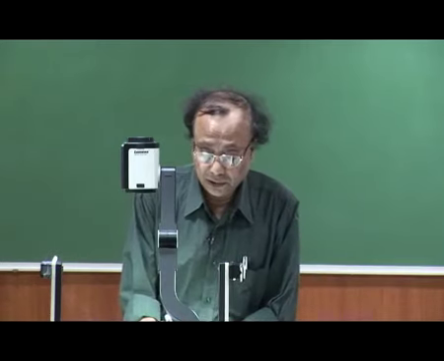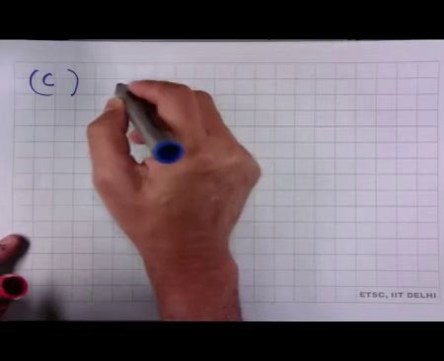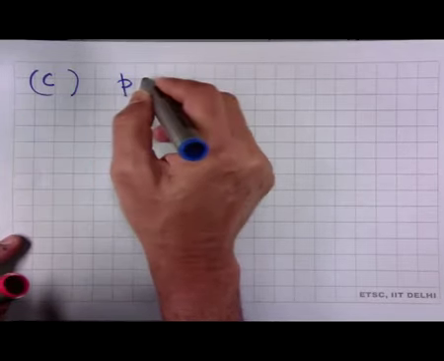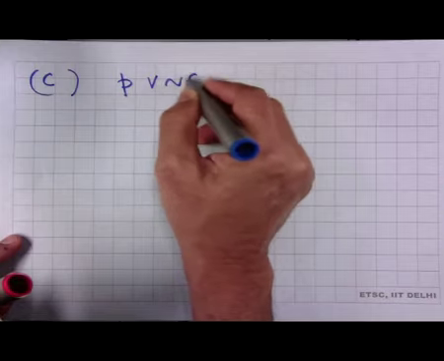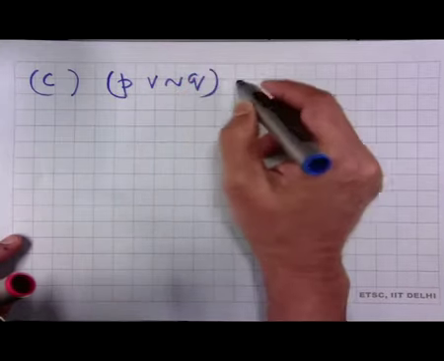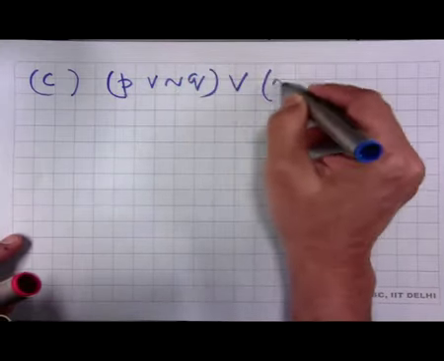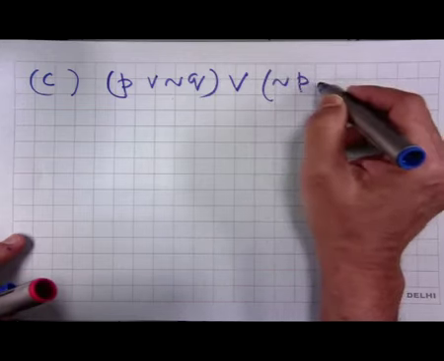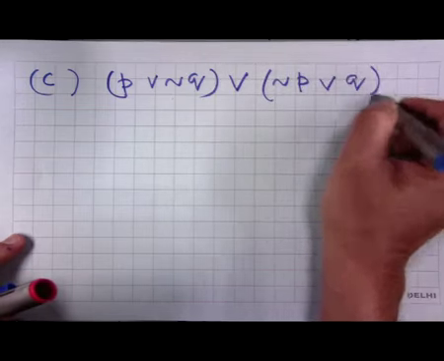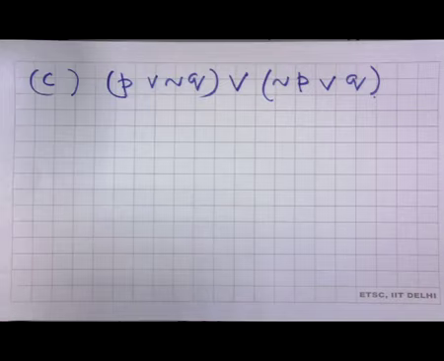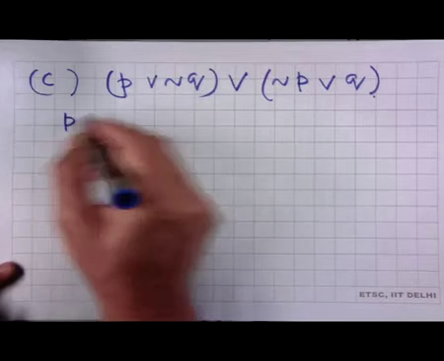Problem C was P or not Q or not P or Q. As before, I will do it rather quickly.